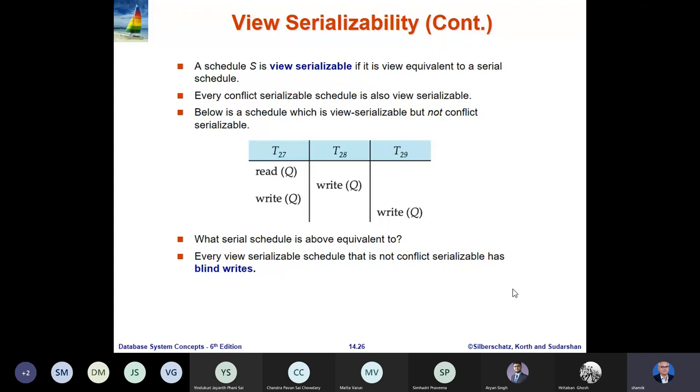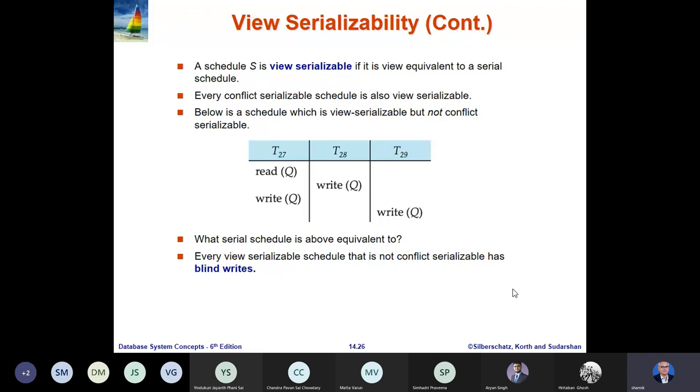If you draw the precedence graph, we will have an edge from T27 to T28 because read Q of T27 occurs before write Q of T28, and an edge from T28 to T27 because write Q of T28 occurs before the write Q of T27. So we can see that it has a cycle, and hence it is not a conflict serializable schedule.